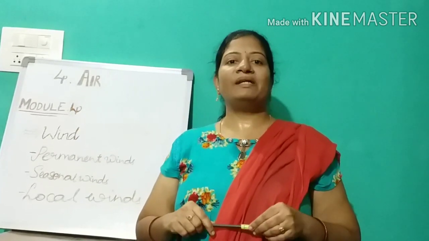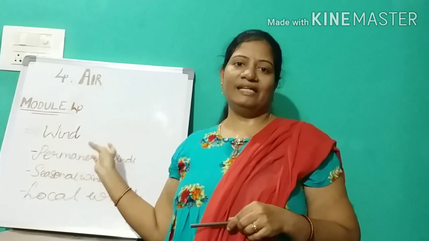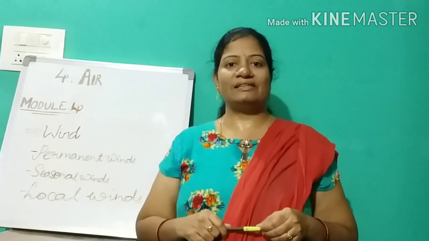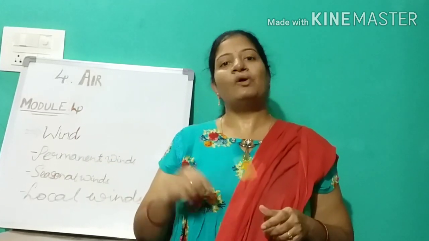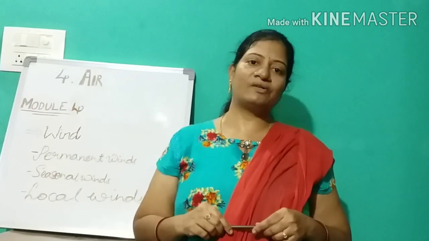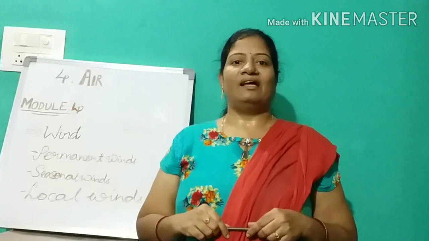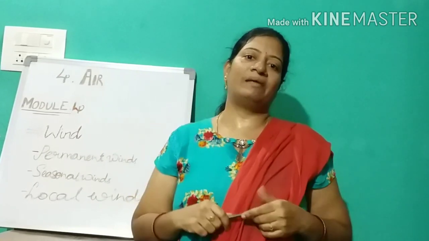Normally trade winds blow in the equatorial tropical zone. These winds blow from high pressure belts to equatorial low pressure belts. Those winds are called trade winds. Sometimes these are in the northern hemisphere and sometimes in the southern hemisphere also.